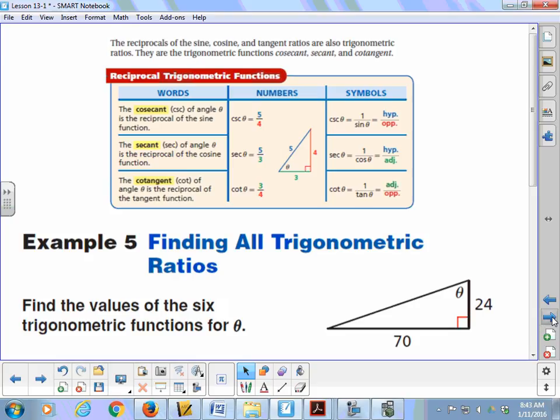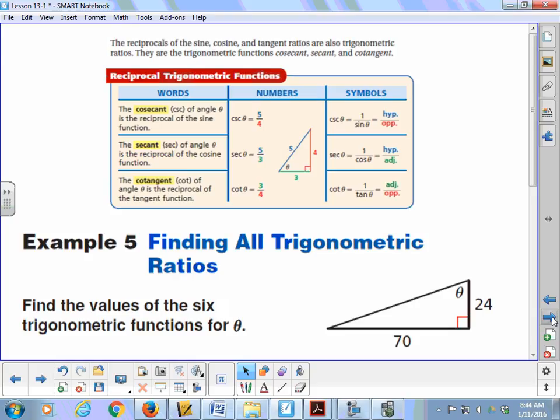All right, there are 3 other trig functions. Cosecant, which is abbreviated CSC, secant, which is abbreviated SEC, and cotangent, which is COT. And those are the reciprocals of the other 3 trig functions, sine, cosine, and tangent. So cosecant is the reciprocal of sine, so cosecant is hypotenuse over opposite.